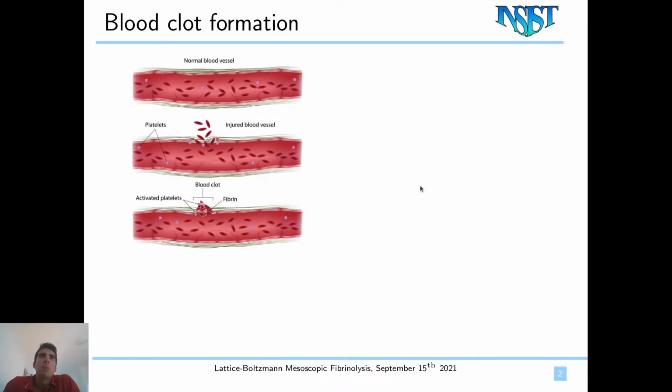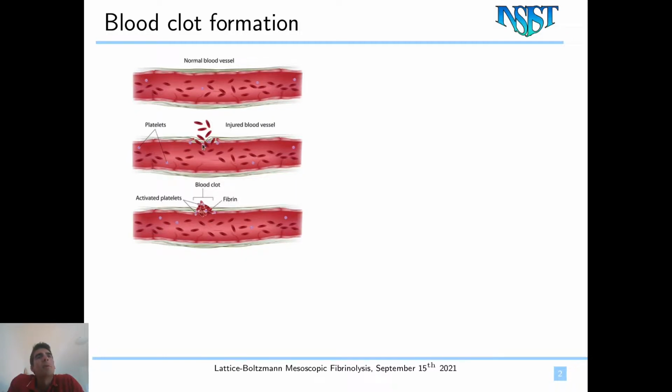So the main actor of a stroke is the thrombus. Thrombi are part of the natural healing process of the body when we have an injured blood vessel.